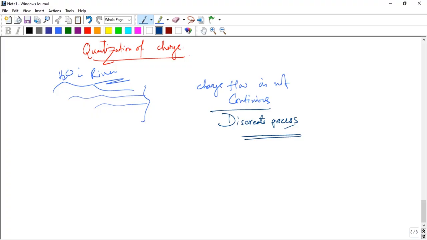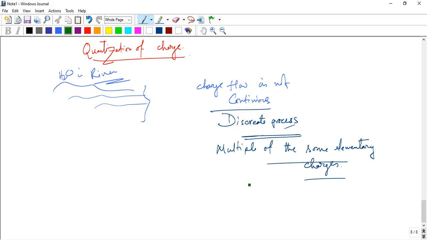A discrete process means charge is a multiple of a certain elementary charge. So Q equals N times E. What is E?